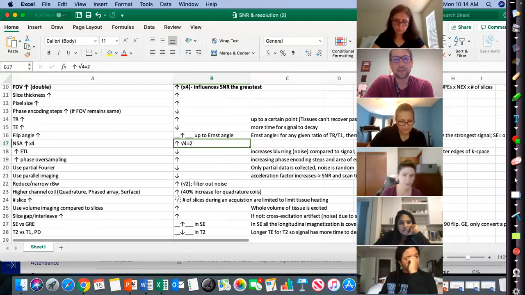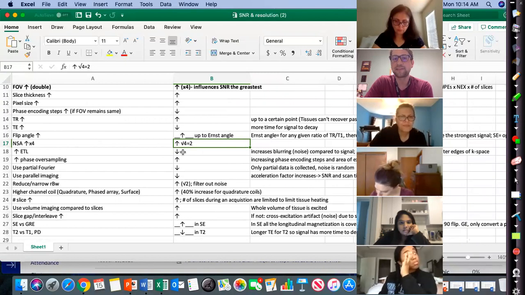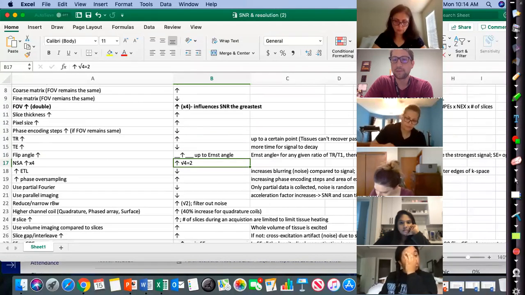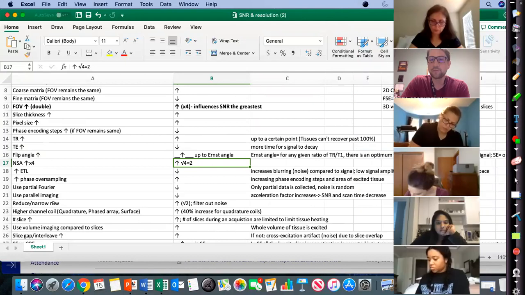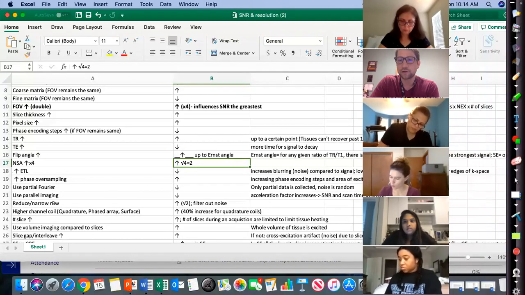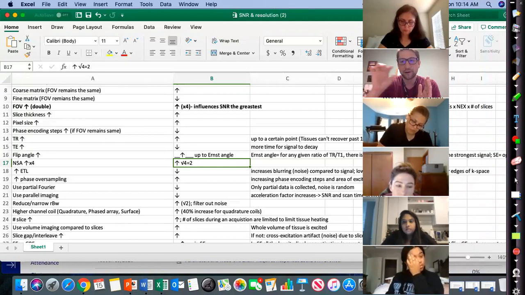Echo train length. As my echo train length increases, my signal will actually decrease, because we get what we call more noise or blurring on the image compared to signal. So our noise increases here. What's happening is we have a lot of echoes during one TR period, and as you get more and more echoes per TR period, the signal amplitude of those echoes slowly decreases.